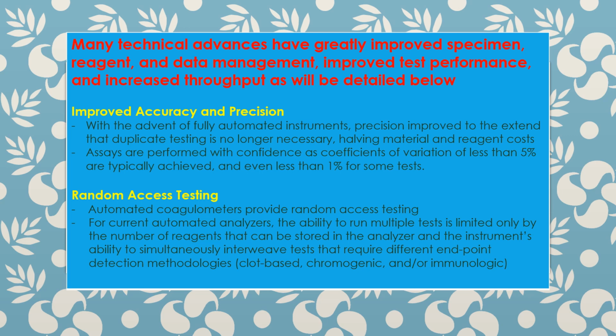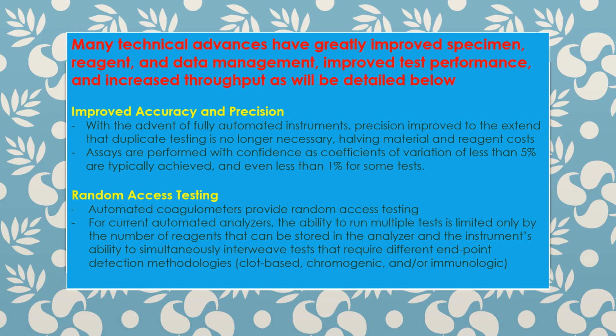With the advent of fully automated instruments, precision improved to the extent that duplicate testing is no longer necessary, halving material and reagent costs. Assays are performed with confidence as coefficients of variation of less than 5% are typically achieved, and even less than 1% for some tests.